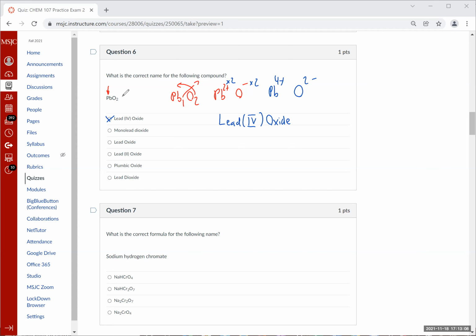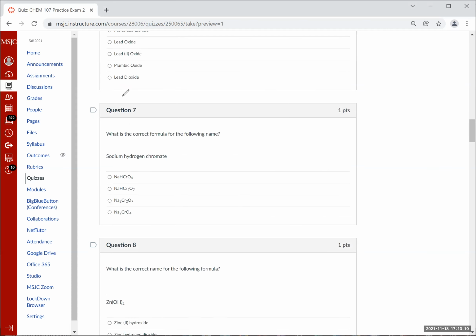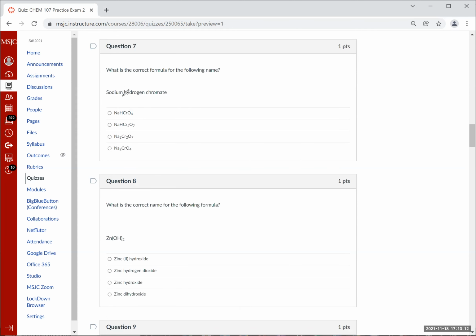Okay, so moving on now. In this case, we're asked, what is the correct formula for the following name? This time we're dealing with hydrogen-containing polyatomic ionic compounds. So in this case, we have sodium hydrogen chromate. Well, sodium is sodium plus. Hydrogen, we have a single H plus ion.